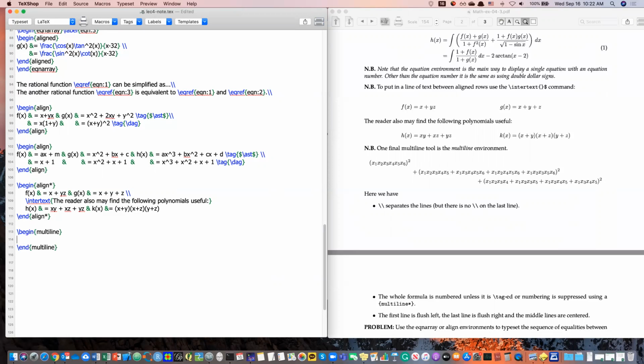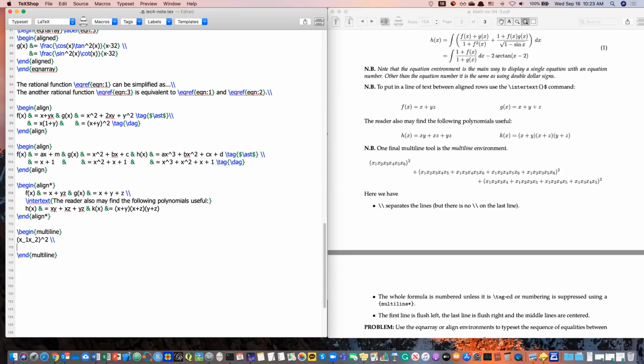Now x1. This is really long, so let me just shorten the expression because we don't have enough time. So x1 and then x2 and then square, and then move to the next line. In multline there are no alignment point or column separator options.